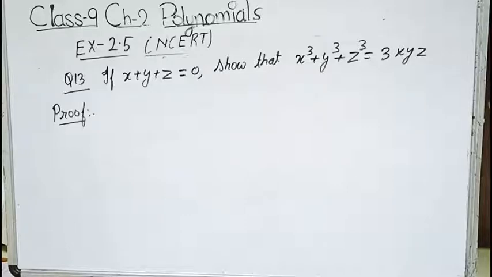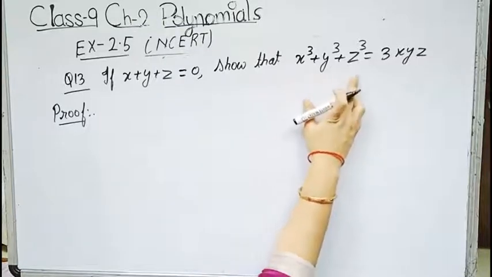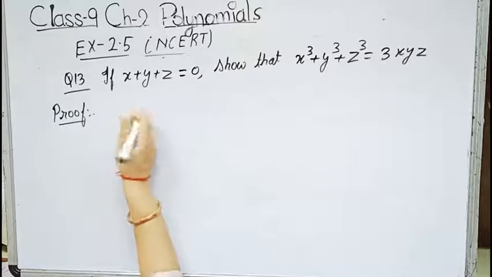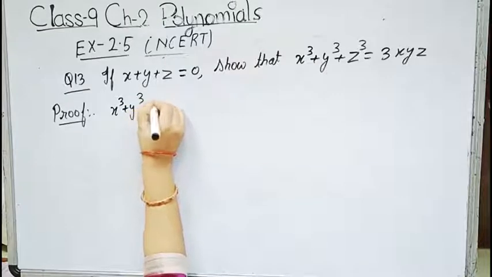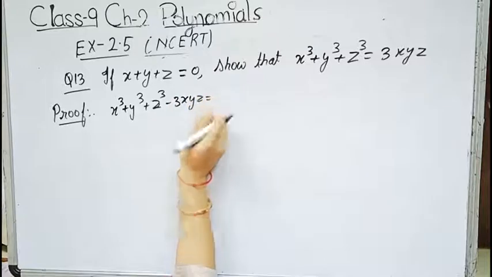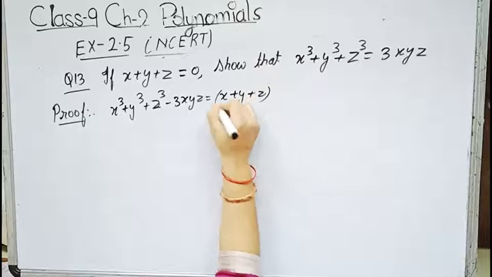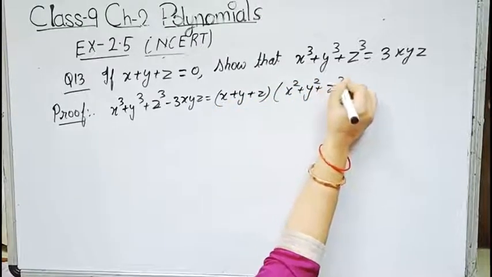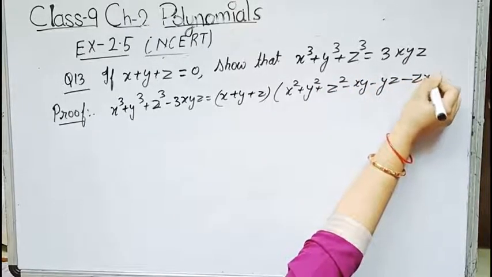Question number 13. If x plus y plus z equals 0, show that x cube plus y cube plus z cube equals 3xyz. Now clearly, children, this formula: x cube plus y cube plus z cube minus 3xyz, this identity we know as (x plus y plus z) bracket (x square plus y square plus z square minus xy minus yz minus zx).